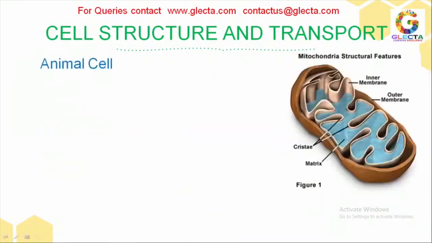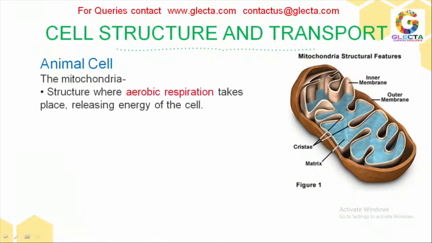The next structure that you need to talk about is the mitochondria. Mitochondria is the powerhouse of the cell. When I say powerhouse of the cell, I mean all the energy that you have in your cells is provided by your mitochondria. How is that done? These structures known as mitochondria are capable of the respiration that takes place in a cell.